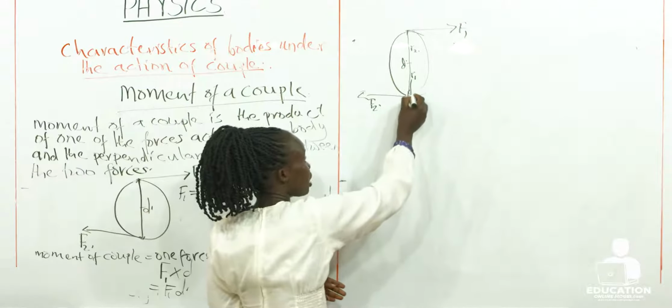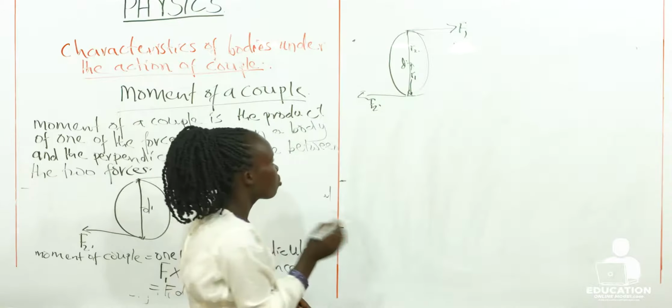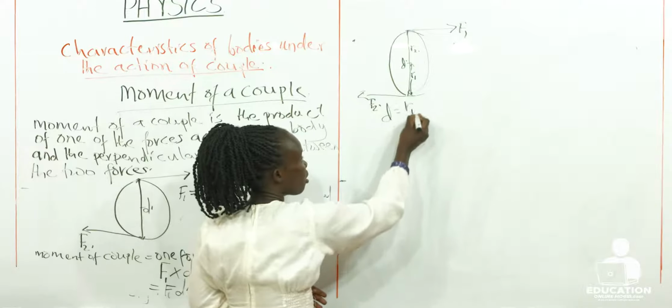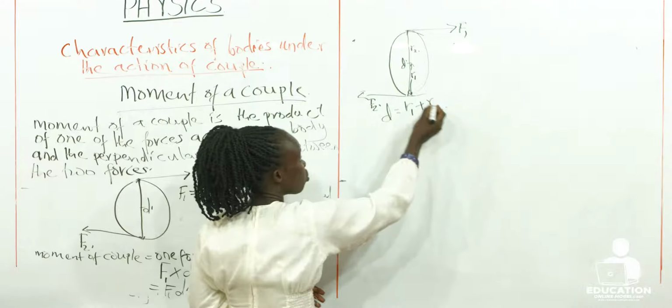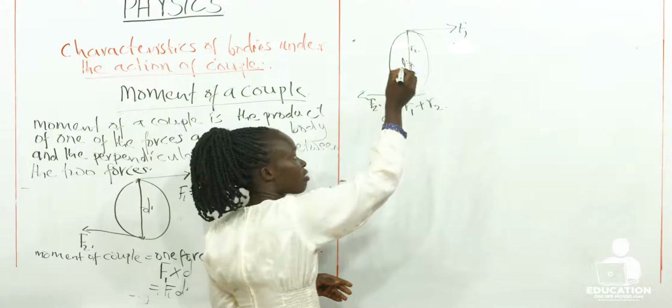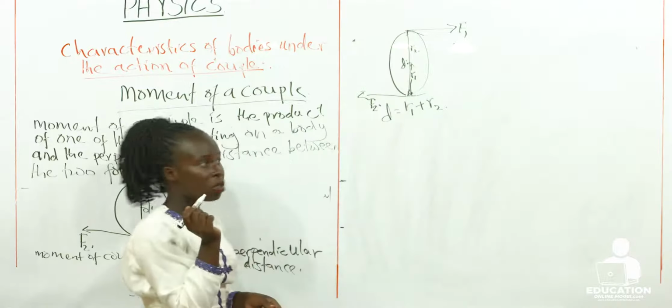From this point here up to the center will give you the radius. So the diameter is equal to R1 plus R2, because this one goes from here up to the center, then this one moves from there and goes up to the end.